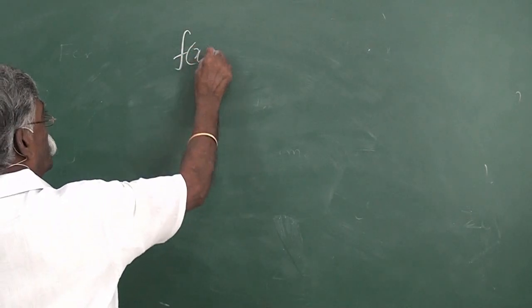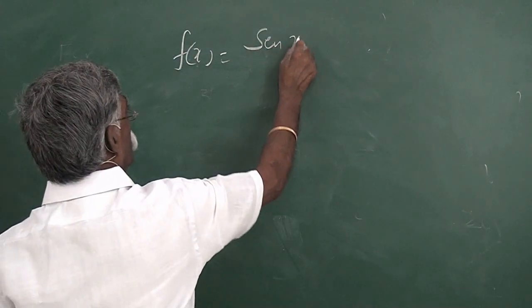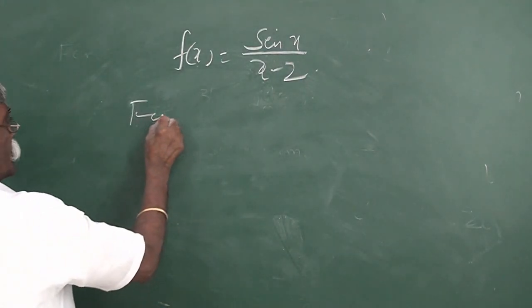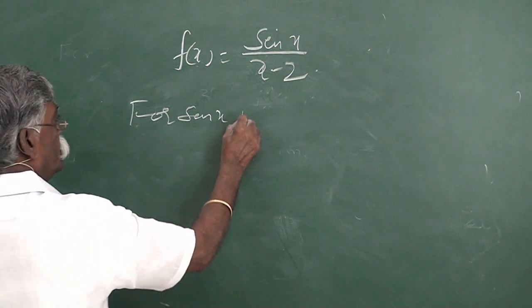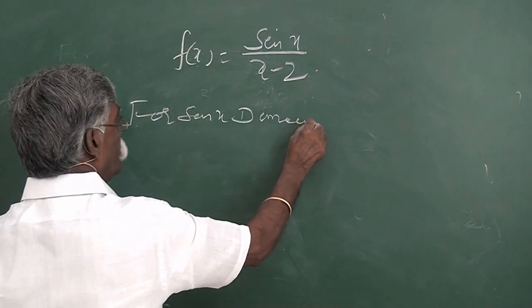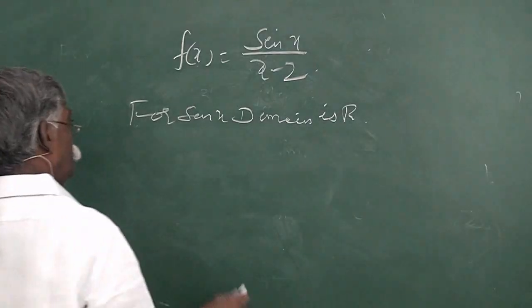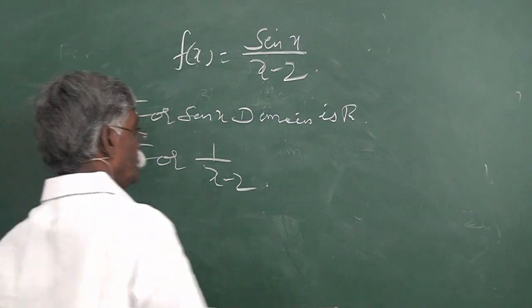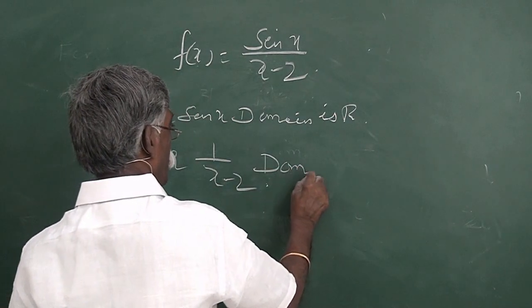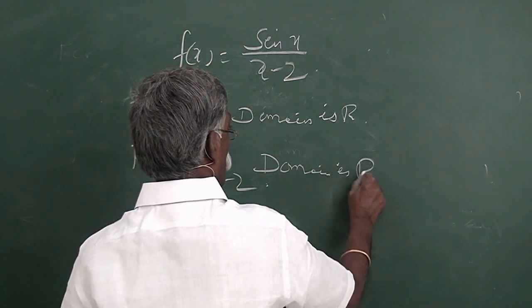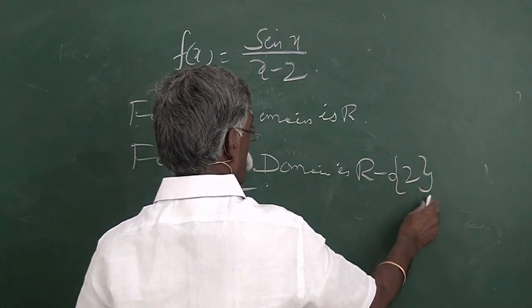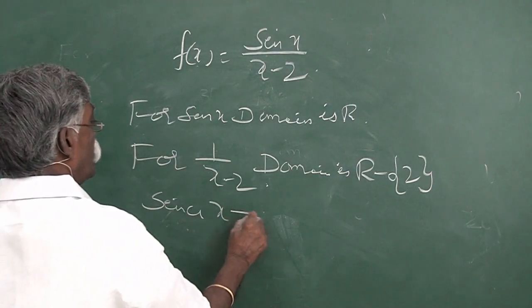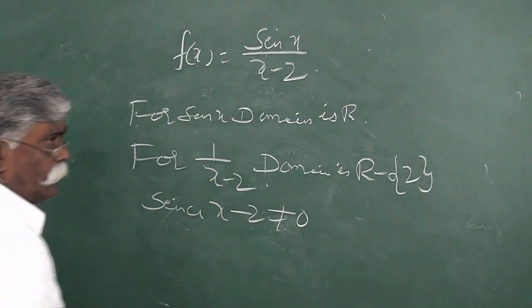Next one is f of x is equal to sin x by x minus 2. For sin x, the domain is capital R. For 1 by x minus 2, the domain is R minus 2, since x minus 2 is not equal to 0.